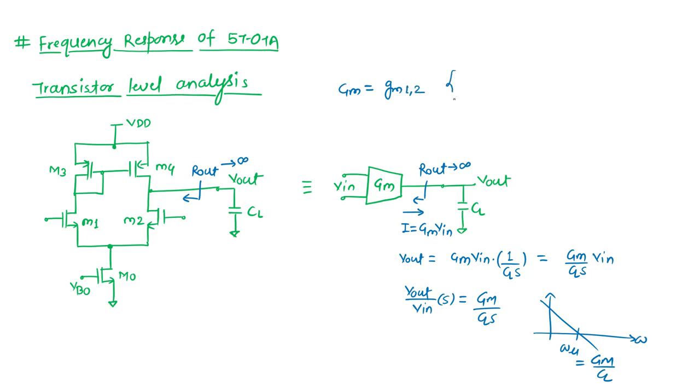I am considering that GM of 1 equals GM of 2. So these both structures are equivalent. You can see for this structure the GM is nothing but GM1 or 2 because both are equal. We have seen it.